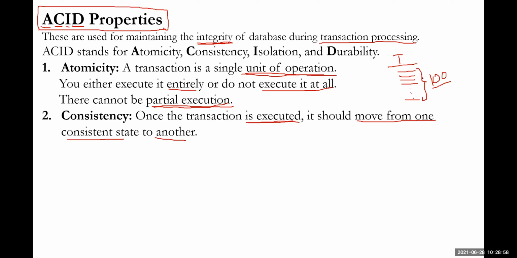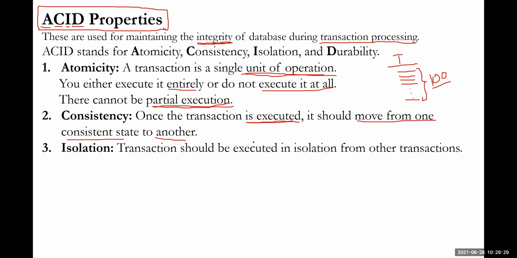Consistency, in the sense that on execution of one particular transaction, the database must be taken from one consistent state to another. I have already explained this in the previous sessions, what is a consistent state and what is an inconsistent state. Then isolation.